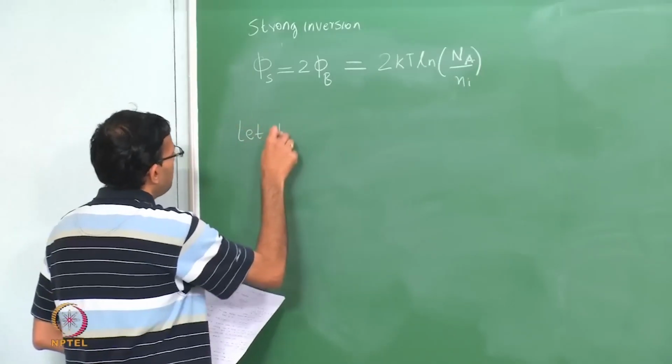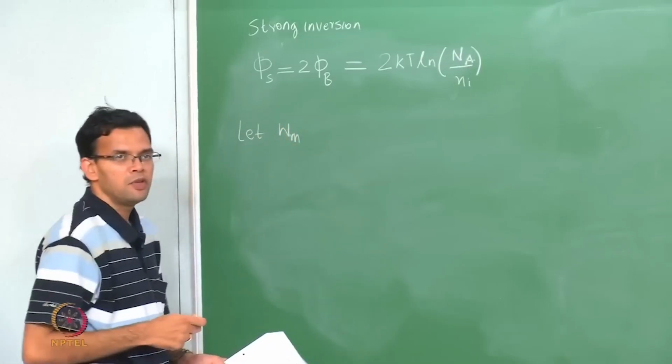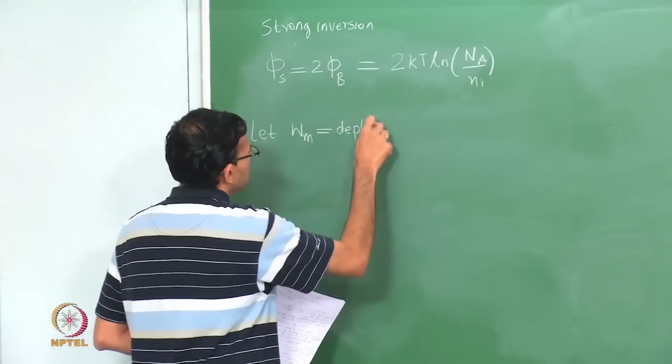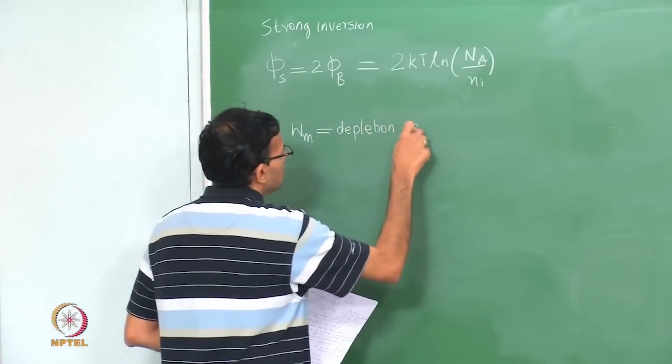So, let Wm be the width of the depletion region in strong inversion.